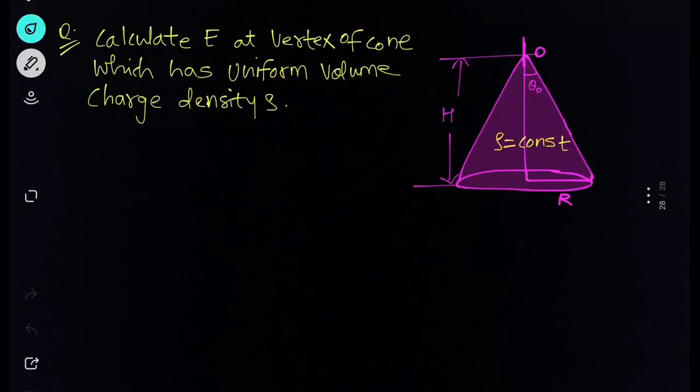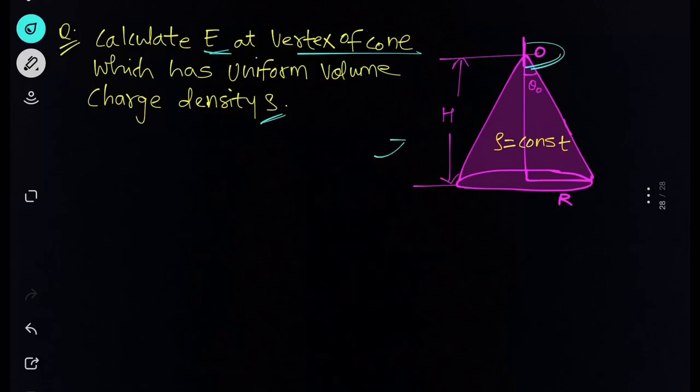So here you have one small example or homework. You have to calculate E at the vertex of this cone, and the vertex of the cone is at this point O. It has some charge density rho. I'll give some hint. To solve a cone related problem, we always have to assign our coordinate system such that it is an inverted cone.